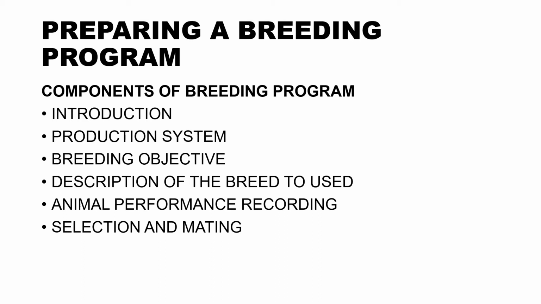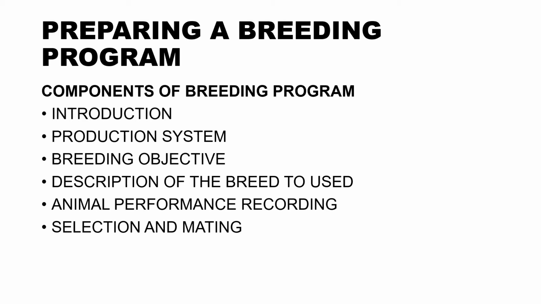Yung feed intake niya, so dapat naka-record lahat yan. Then, sa selection and mating, i-elaborate mo kung ano yung mga factors na you are considering when selecting itong mga future breeders mo. So, yun lang yung components of the breeding program, a simplified components ng mga breeding program.